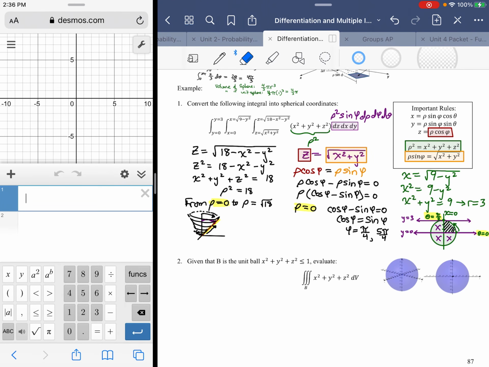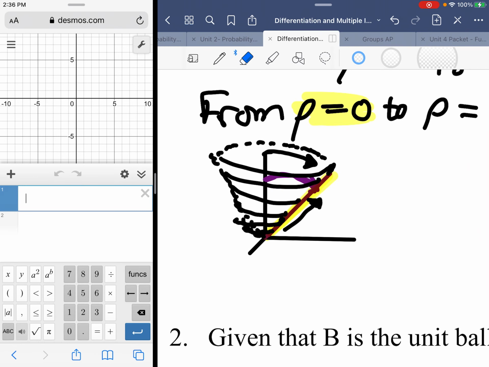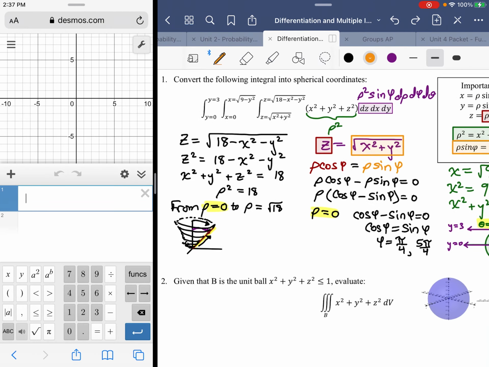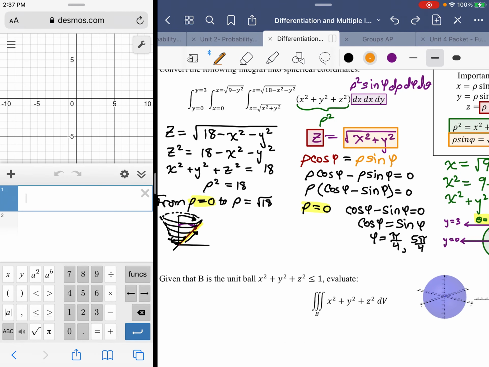Now, the one thing that I don't think would necessarily be meaningful would be that 5 pi over 4, because if you were to just extend this line segment downward into this direction, that's going to put you below the xy plane. Right? That's not needed, because when we're trying to find the volume here, it's the volume between the surface and the xy plane. So it's going to give you more than you need.